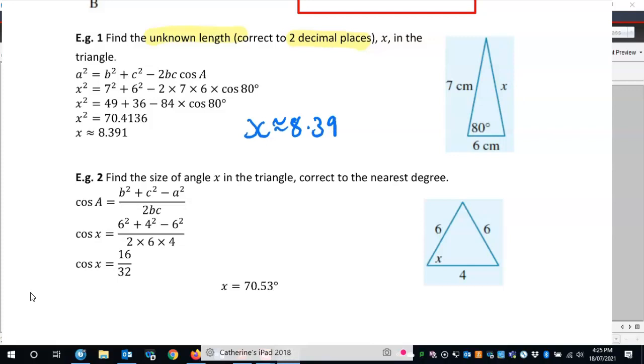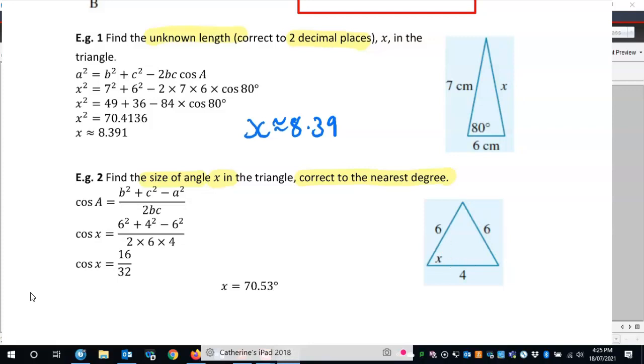Okay, so find the size of angle x, correct to the nearest degree. So to use the cosine rule, I have to know all three side lengths, which I do here, and I want to figure out x.